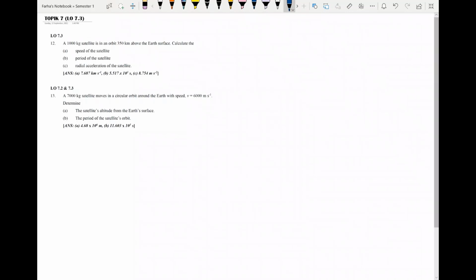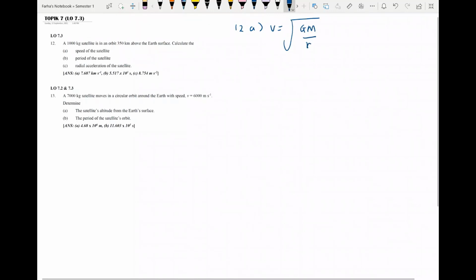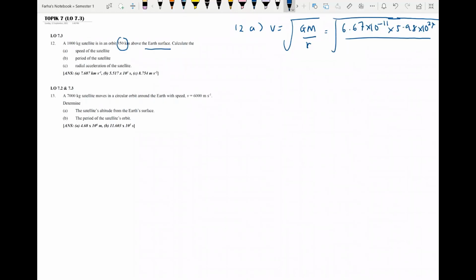So for 12a, we use the formula v equals square root of GM over R. Remember that R is from the center to the satellite, so RE plus H equals R. RE is 6.4 power of 6 plus 350 kilometer.